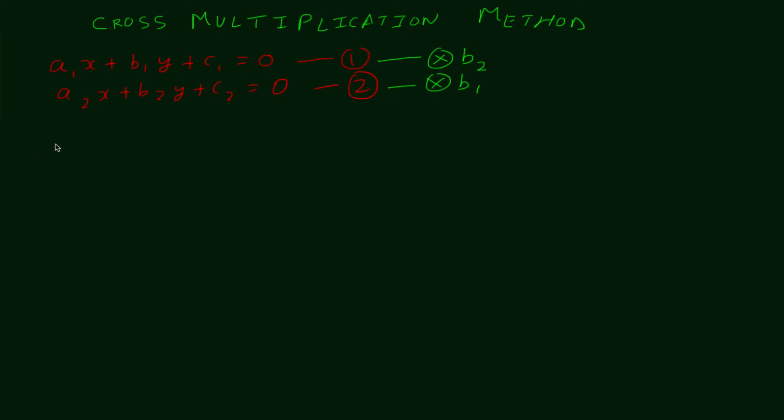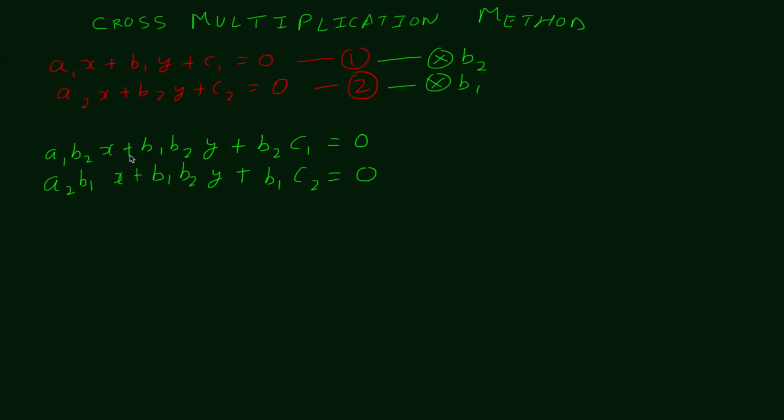The first equation that we get is a1 b2 x plus b1 b2 y plus b2 c1 equal to 0. This is the first equation after multiplying. The second equation turns out to be a2 b1 x plus b1 b2 y plus b1 c2 equal to 0.